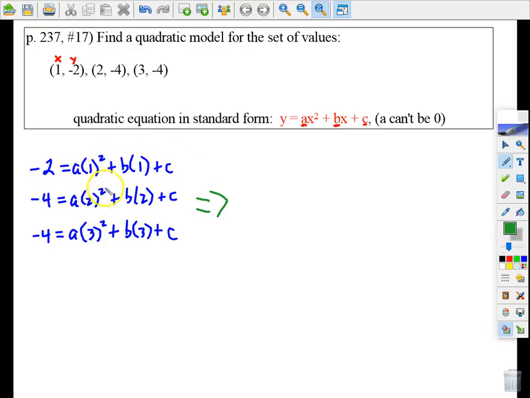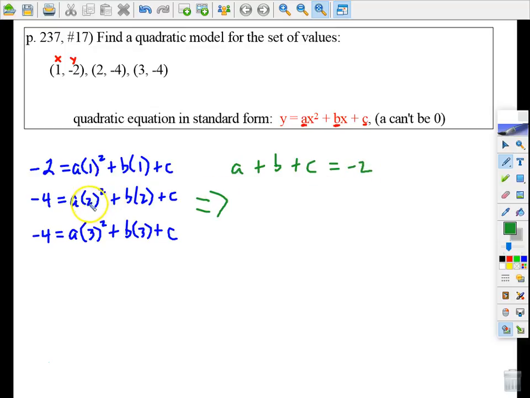Now we're going to just clean this up a little bit. Go ahead and take care of the exponents and then write these in the proper form. Coefficients go in front of the variables. So here's what this looks like. When I simplify this top equation, I end up with a plus b plus c equals -2.